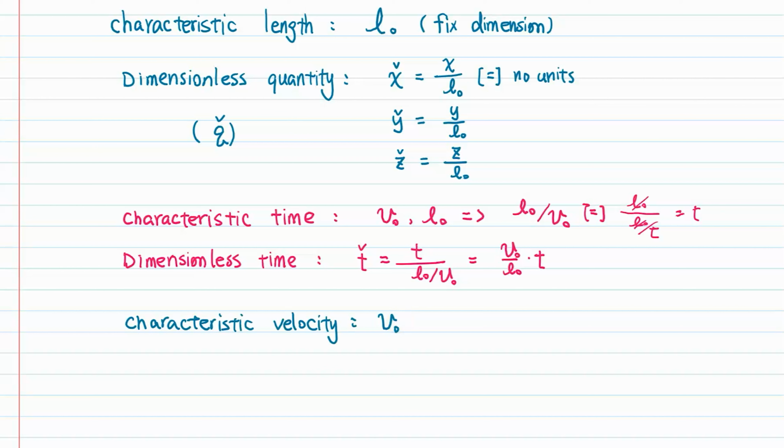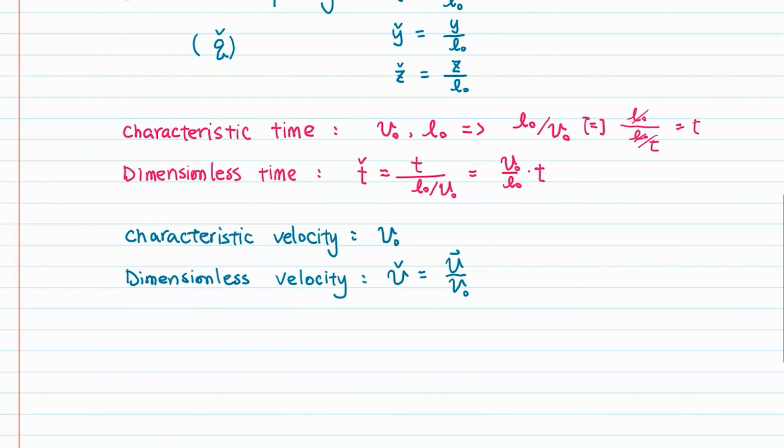Okay, so you would have your dimensionless velocity as, we should always not skip steps, the dimensionless velocity v with a check mark equals the actual velocity over v naught.